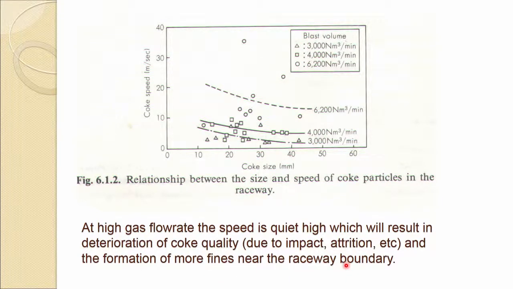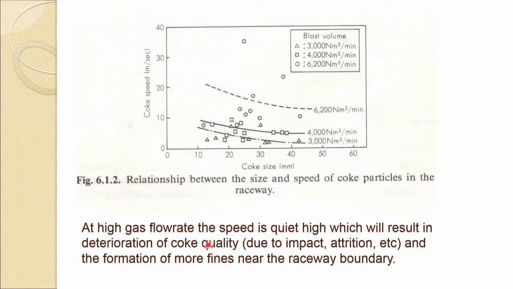If there are more fines near the raceway boundary, they will block the space in between the coke particles. So, it will reduce the permeability and the pressure drop will increase, the operation of the blast furnace will become difficult, and that is the reason lots of emphasis has been given to the coke quality.